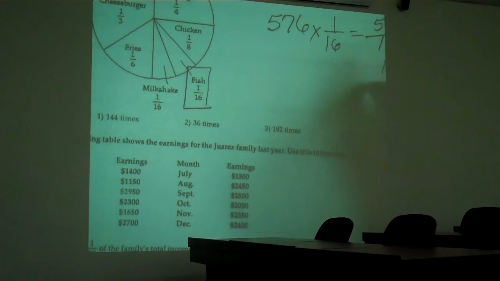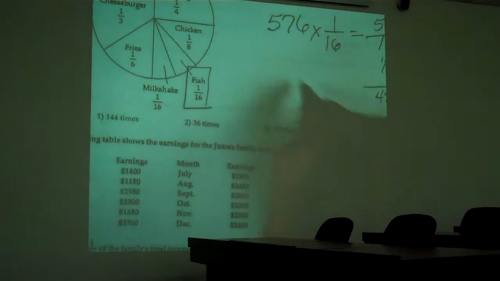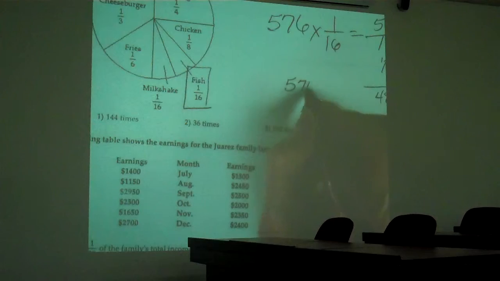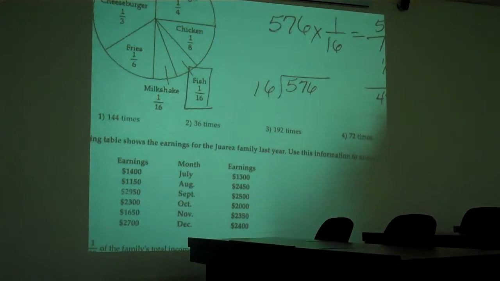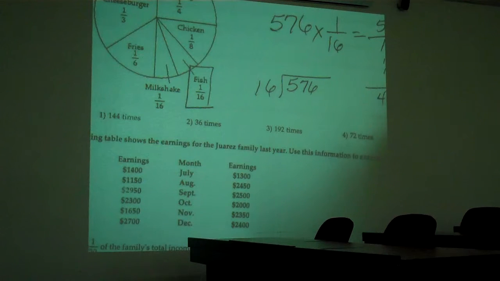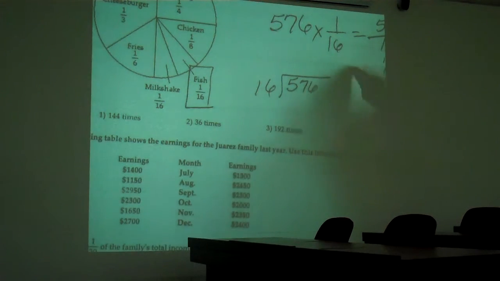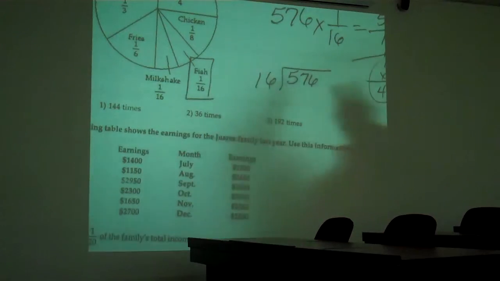What, 16 times 3? 48. Because we need to do our division. How about 16 times 4? That's 64. This is too many. Okay. So we're going to use times 3.